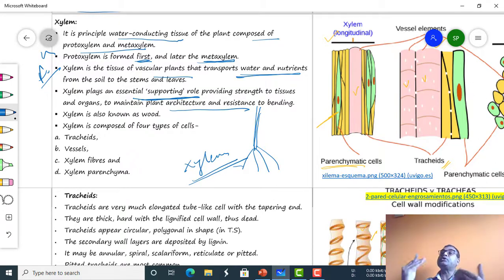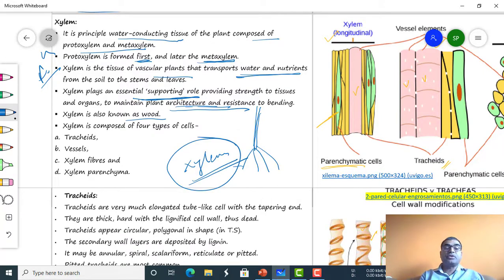If you see the principles involved in a mechanical tissue, there are different kinds of stresses present in the plant, maybe the pulling stress, the bending stress, the shearing stress, or compressive stress. In all these stresses the mechanical tissue plays an important role, and xylem is one of the mechanical tissues which plays an important role in plants.